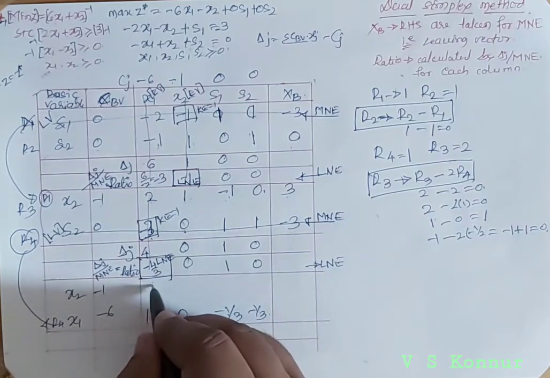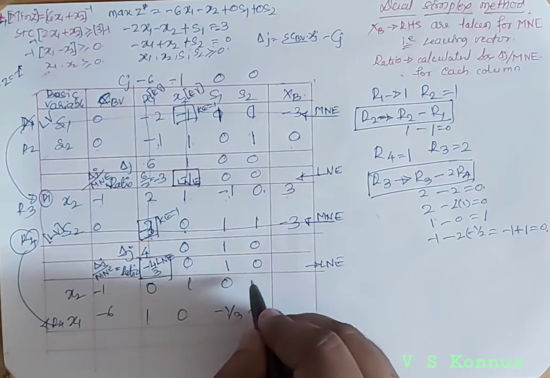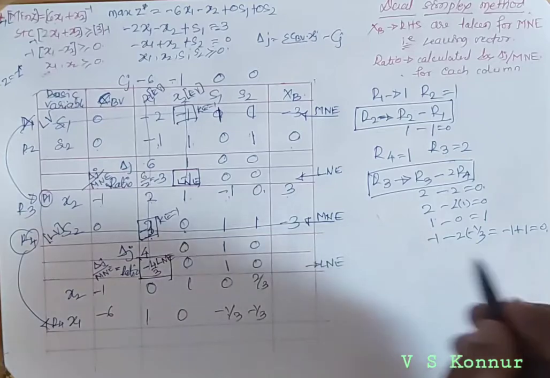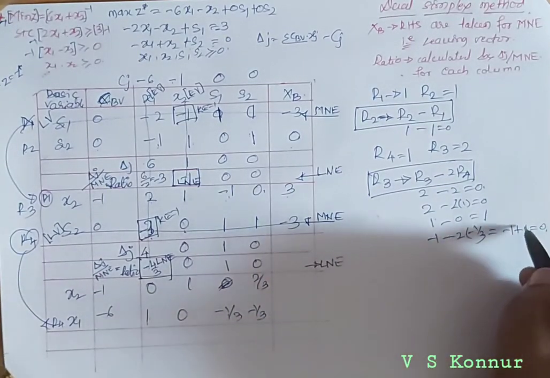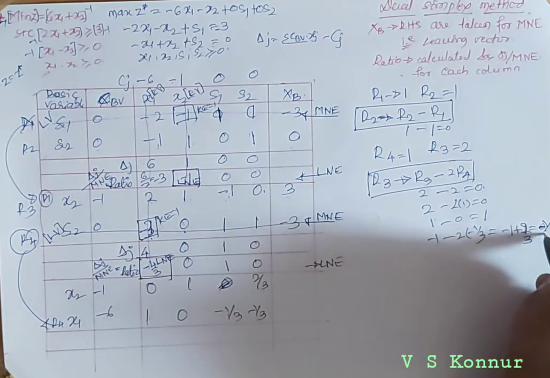So we will get here 0, 1, 0, 2 by 3. So this is 1 by 3. So we will get here minus into minus, minus 2 by 3. So minus 1 minus 3 plus 2, 1 by 3. Minus 1 by 3 we will get.